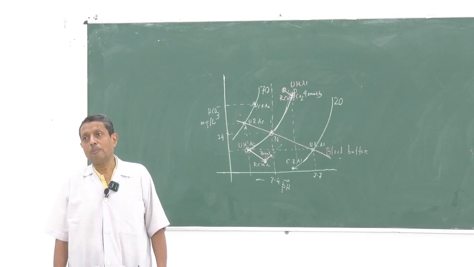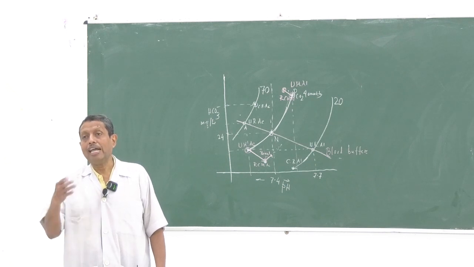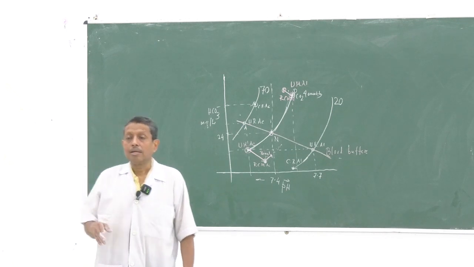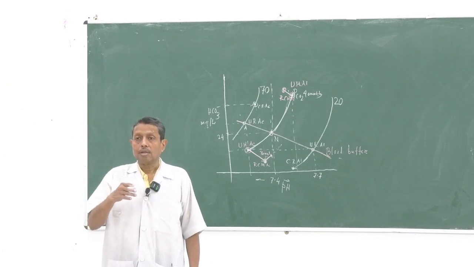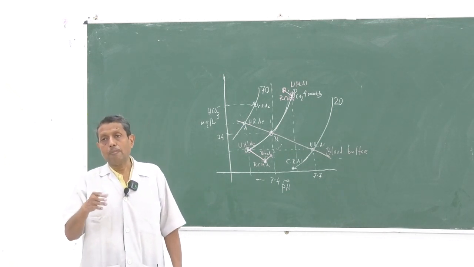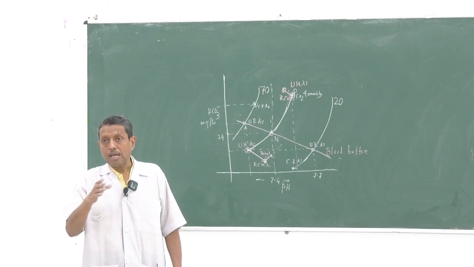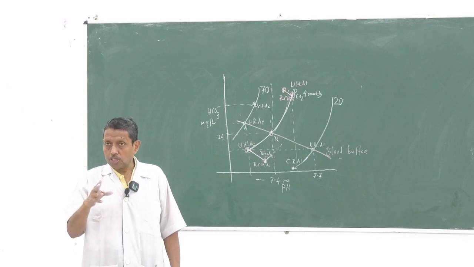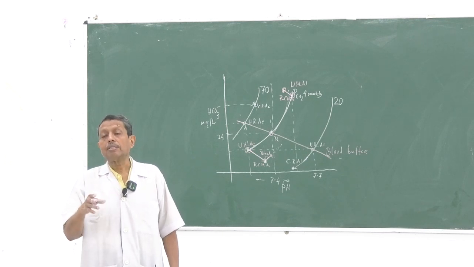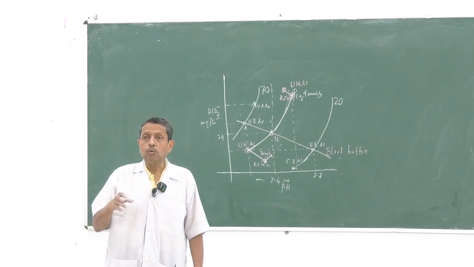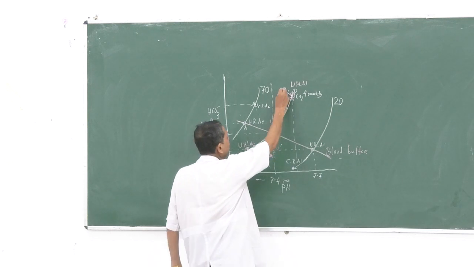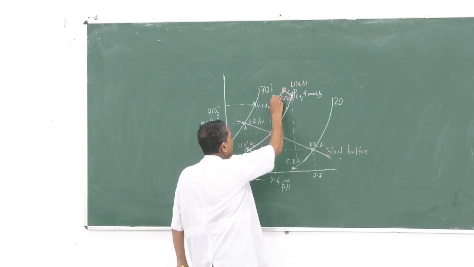Now the kidney can operate, and it can eliminate some bicarbonate. Whenever there is an increase in the bicarbonate concentration and fall in the hydrogen ion concentration, the kidney will try to eliminate some bicarbonate and bring the pH further close to the normal pH value.